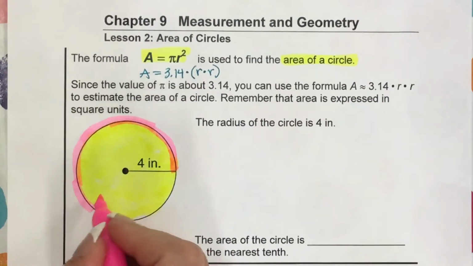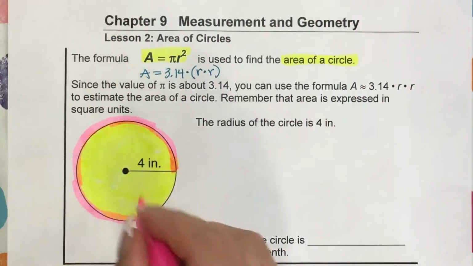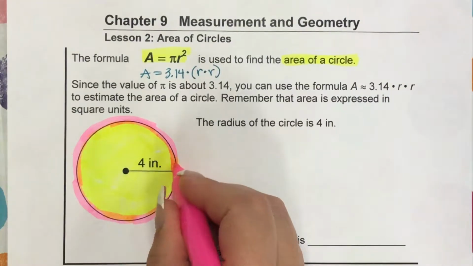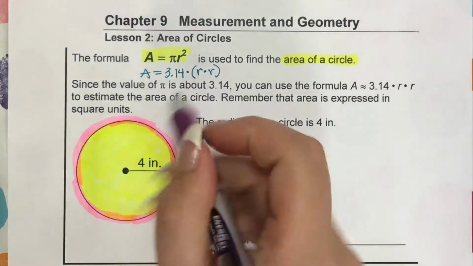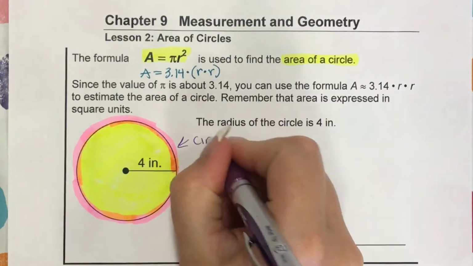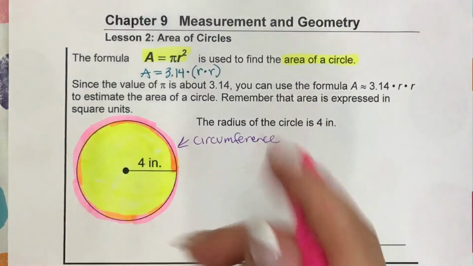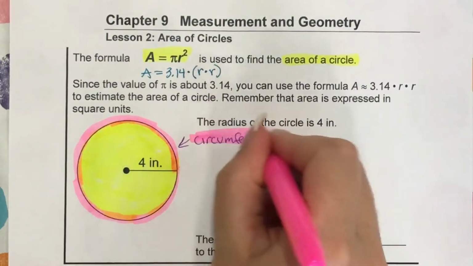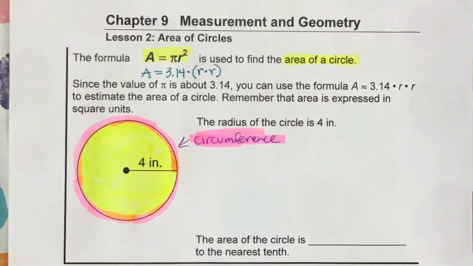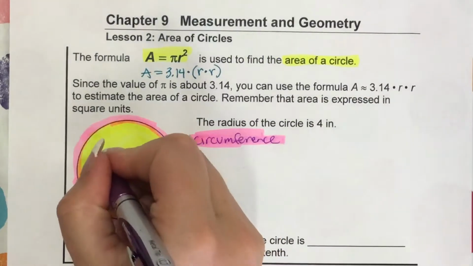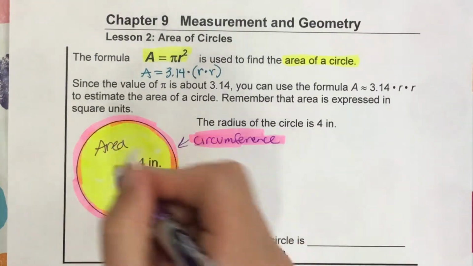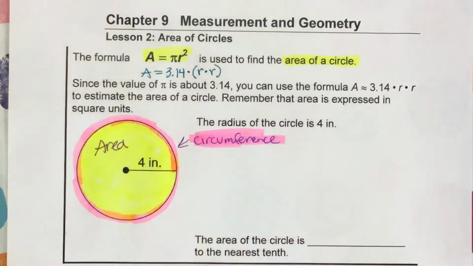What is the distance around the circle? That was the circumference, right? But today we're taking it a step further, and we are determining the area. And area is everything inside of this, the portion in yellow.